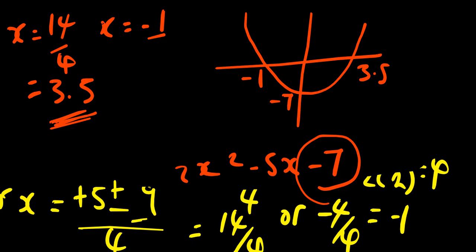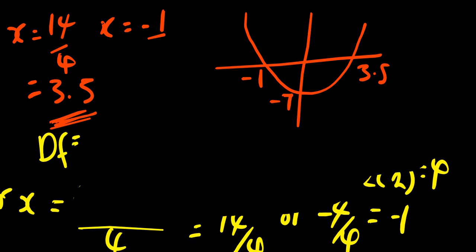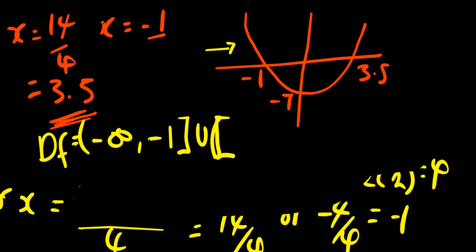Without wasting much time, the domain for this expression will be from negative infinity to negative 1, which is included, union 3.5, which is included as well, to positive infinity, like that.